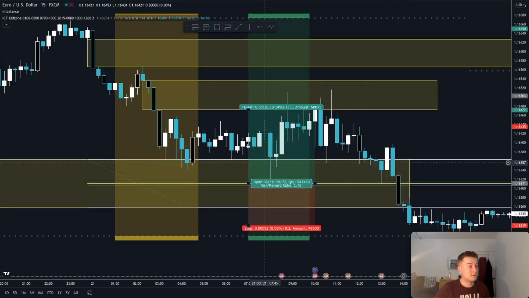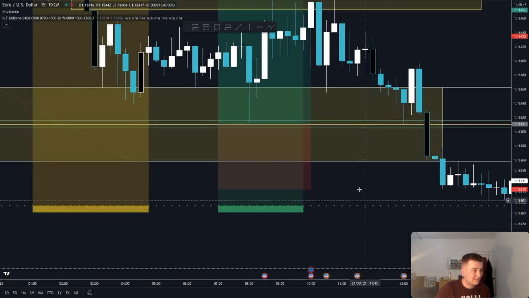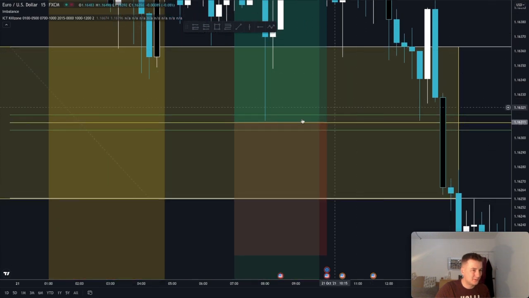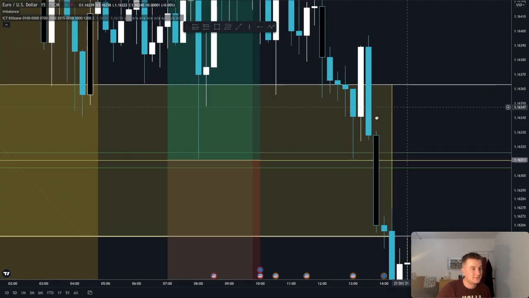So yeah, price came right down, and it was a couple of pips away. It was ridiculous. I can tell you actually, what was the low? 312. It's 0.1 of a pip away, which is mad.